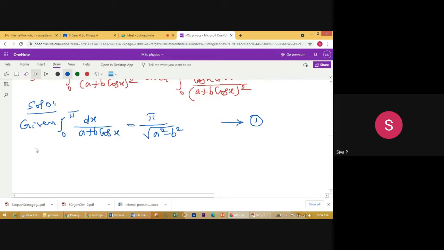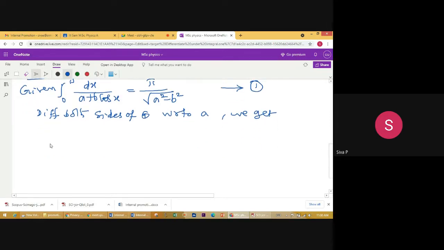Now we have to differentiate both sides with respect to a. So how to differentiate that?